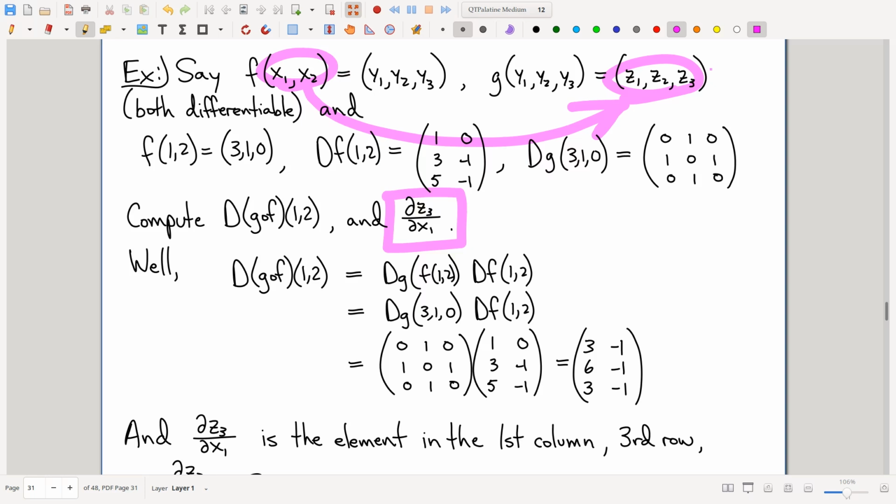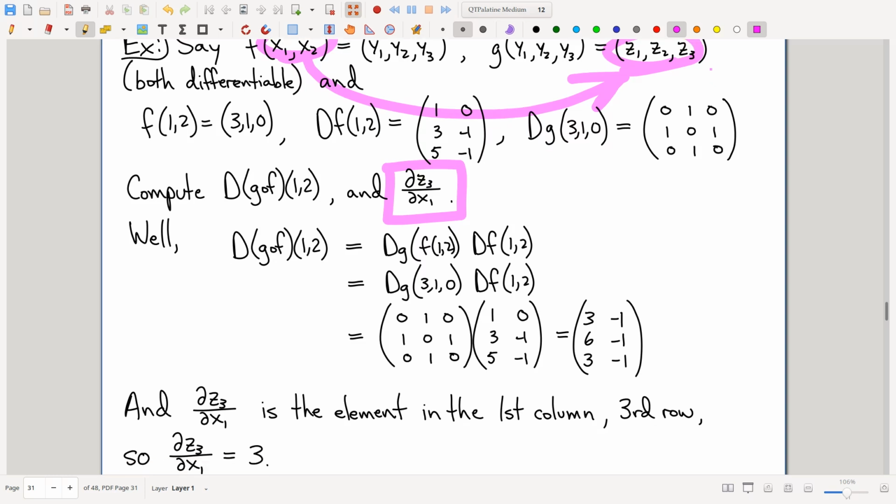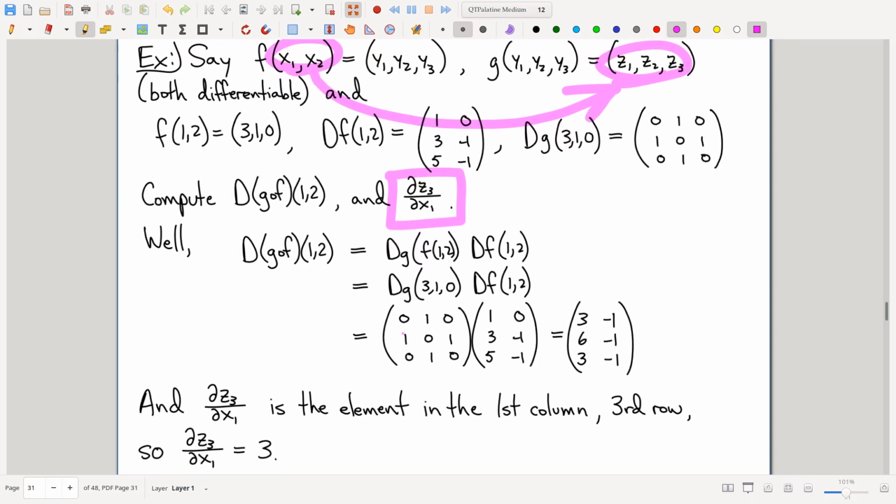The way we're going to figure this out is to recognize that we're taking a partial derivative of Z3. And you'll see right here, Z3 is my third output variable. Remember from the construction of derivative matrices, output variables correspond to rows. So because we're looking for the third output variable, we're looking for an element in the third row of this matrix. Third output means third row.